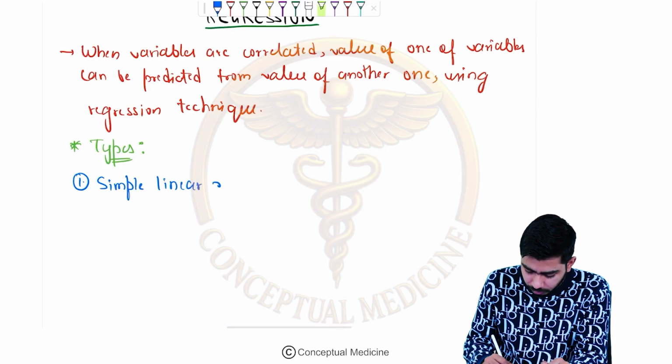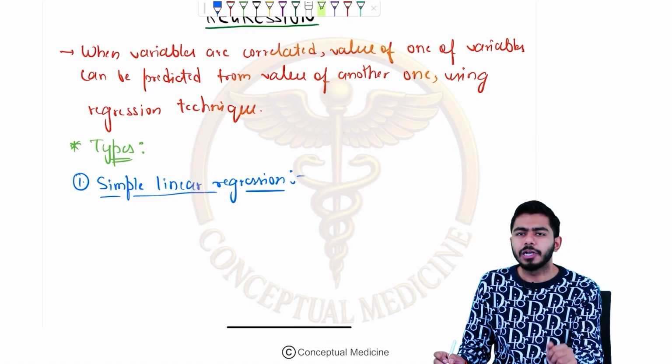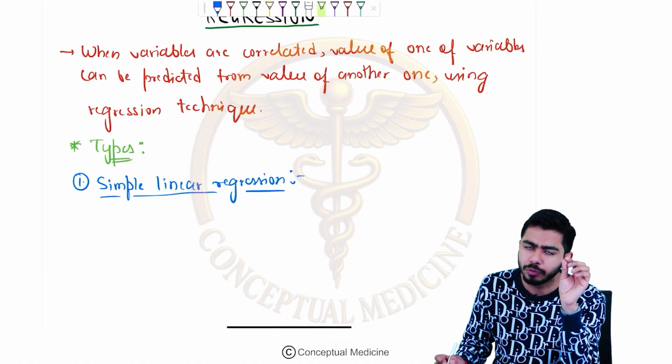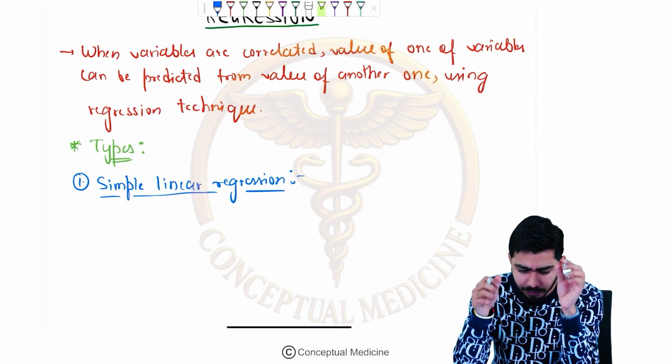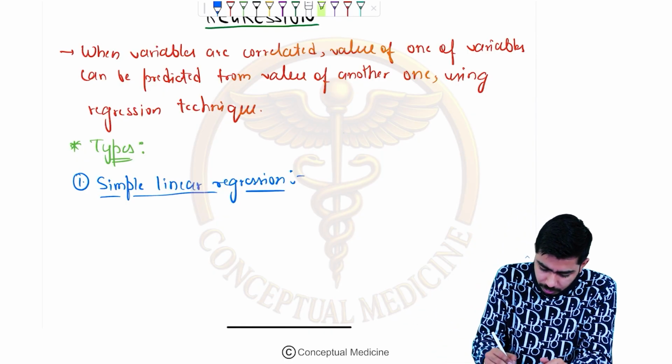In the simple linear regression, we are saying that the value of one variable, it could be y, it could be x, is used to predict another variable, right? Just now we have talked about that.